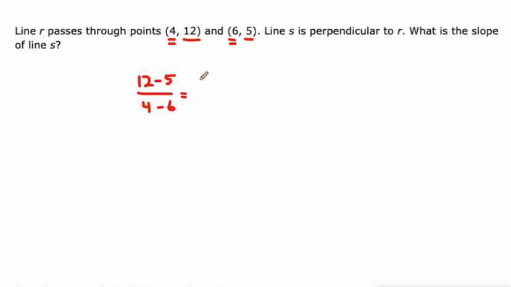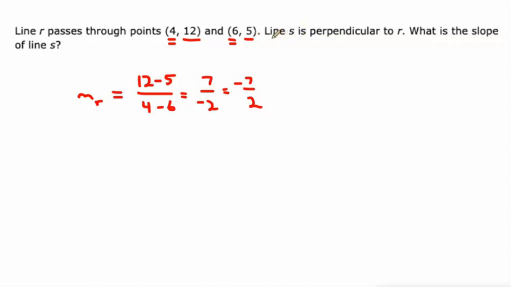Okay, so that's the change in x. Change in y over change in x, that's our slope formula, which is going to give us 7 over -2, or -7/2. All right, so that would be, let's call it the slope of line R.